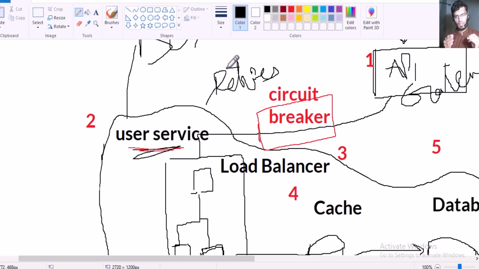So basically we need a mechanism to tell the API gateway to stop making requests for a particular time as I am healing up. This functionality is done by the circuit breaker. It says to the API gateway that since this service is not responding or is slow, please request me after a particular amount of time. So these are the 9 components of microservices architecture.